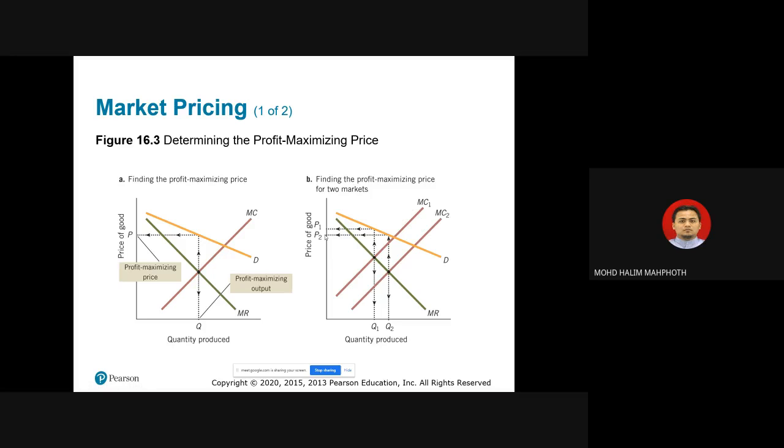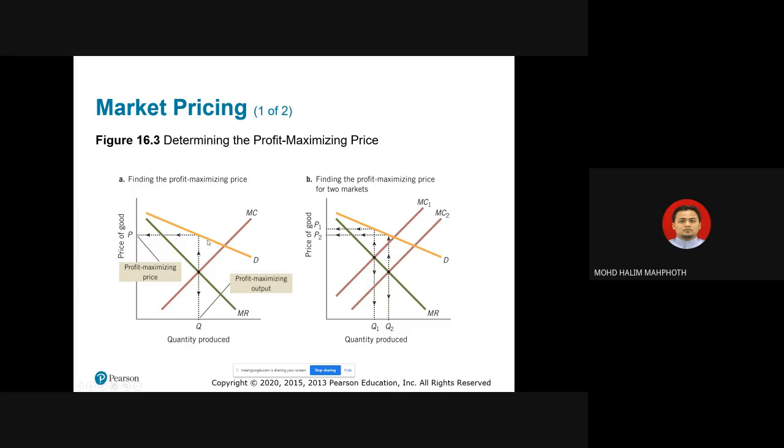As you can see, this is the demand curve, the demand, and this is marginal cost, and this is marginal revenue. So when it comes to profit maximization, you can see at this particular price, this is the limit, where under this quantity we can earn our profit maximization.